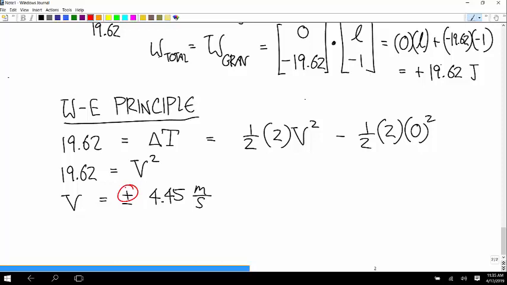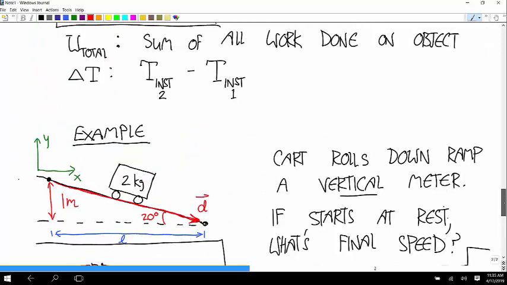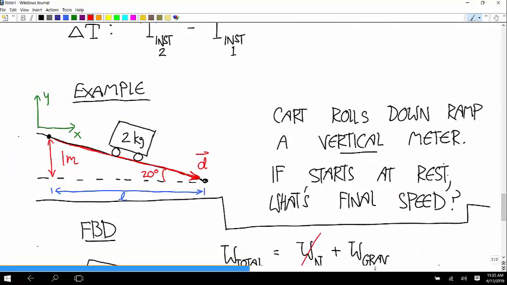It depends what the question is asking for, but there are problems where this can save a huge amount of time. Any questions about that? So the 0 is basically the beginning of it. Yeah, it says that it starts at rest, so at instant 1, the speed is 0.